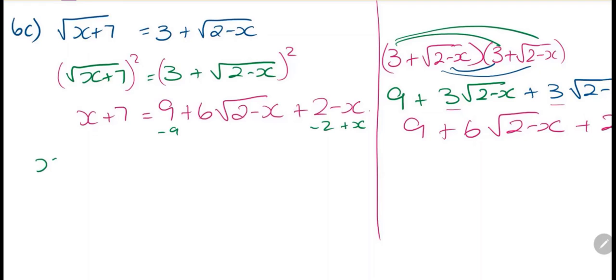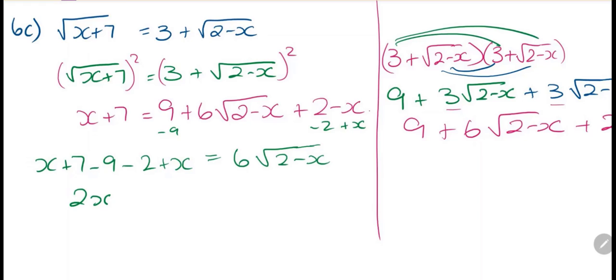So I'll have x plus 7 minus 9 minus 2 plus x. And then on this side, I'm just going to have 6√(2 − x). So over here, we've got x and x, which is 2x. And plus 7 minus 9 is minus 2, and another minus 2, so that's minus 4.